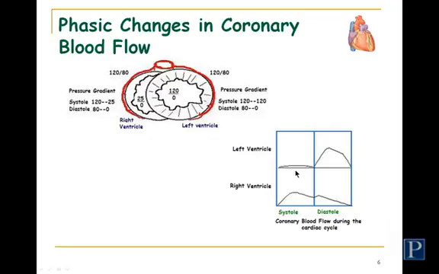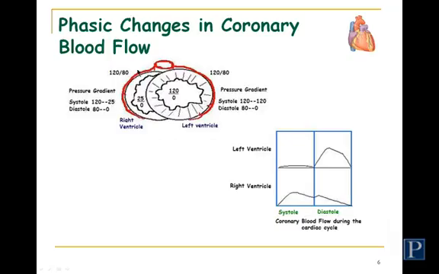It comes down to external compression of the vessels and pressure gradients. This picture depicts the pressures. In the right ventricle, pressures peak during systole at about 25 to 30 millimeters of mercury. They drop to 0 during diastole.